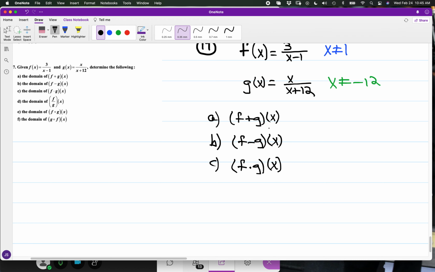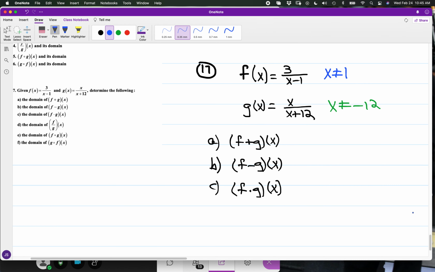Okay, so for the sum, difference, and product functions, we can get at combining the restrictions. For these, I had to be able to work with f of x, and in order to do so, x cannot be at 1. Also, I had to be able to work with g of x, so x cannot be at negative 12.